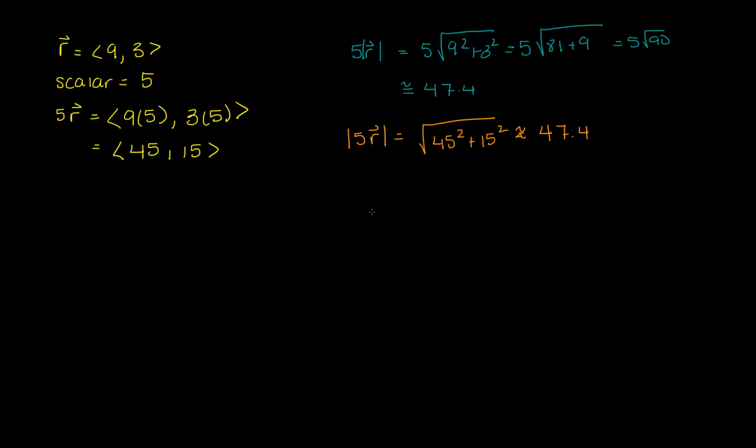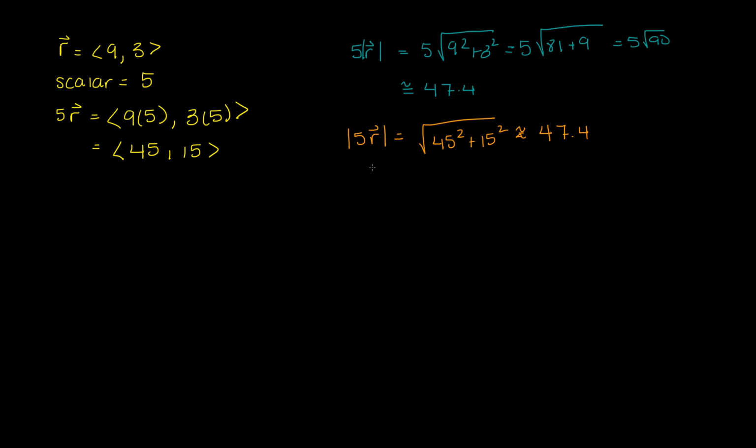So it doesn't matter how I multiply this into my scalar, it works either way. That's how it compares to the original vector: because the original magnitude is the square root of 90, we multiply it by 5.